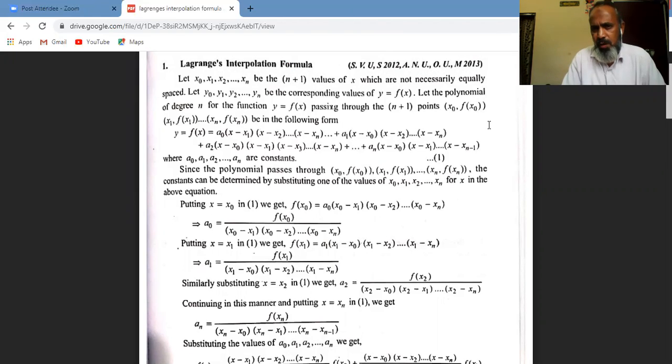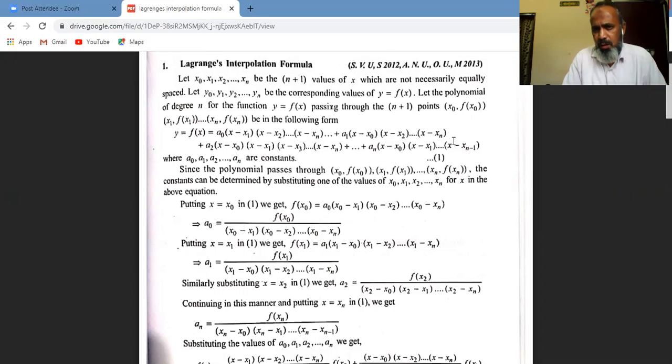In the second term, we write a1, a constant, into the n factors x minus x0, x minus x2, x minus x3, up to x minus xn, leaving the x minus x1 factor. Similarly, in the third term, a2 into x minus x0, x minus x1, leaving the x minus x2 factor, and the other factors are x minus x3 up to x minus xn.